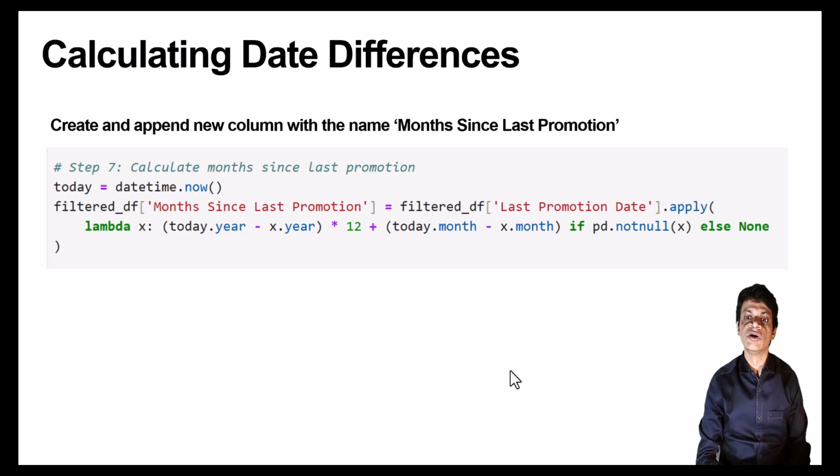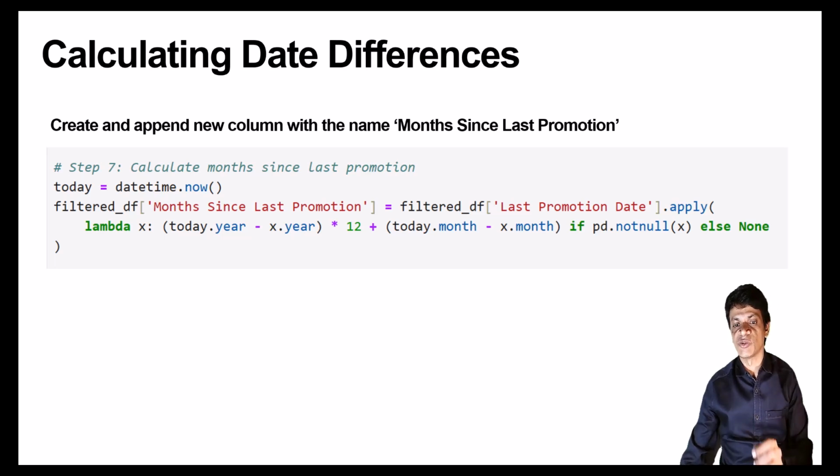For example, 12, 15 or 18. So we are going to apply the business logic, whether they are promotion eligible or not, based on this column. What is the column name? Months since last promotion. Let us see the next section.